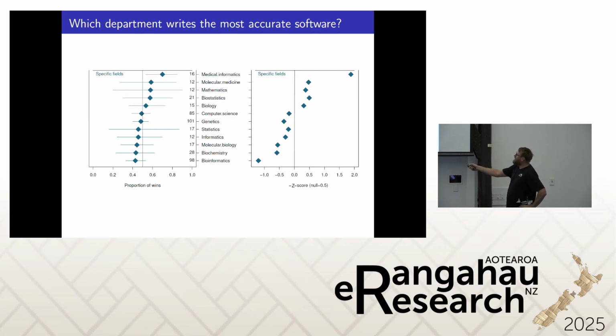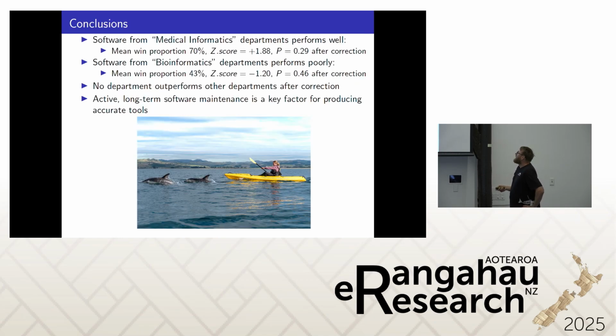Mick likes a good confidence interval, so I used bootstrapping to add those. I could use that to compute Z-scores, and I could use those to compute p-values, somewhat fortunately, so I did all that. Medical informatics won about 70% of the time on average, with a Z-score of 1.88. The p-value after correcting for multiple testing was only 0.29.